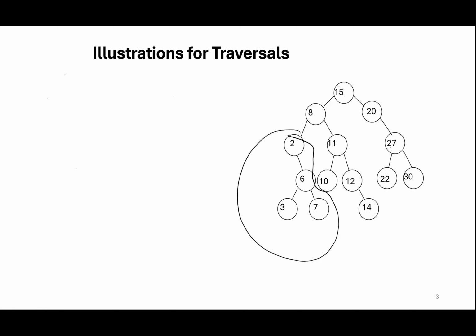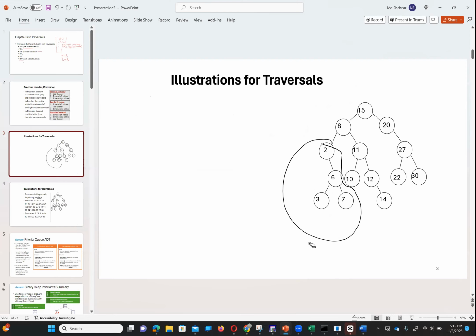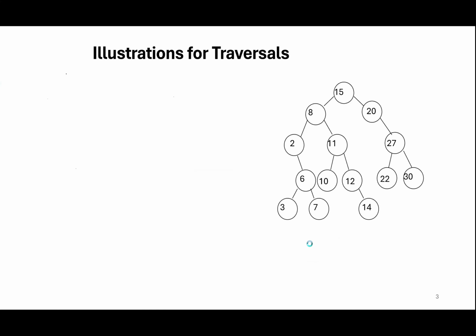Okay, so let's look at one example. Let's look at this tree and try to do a pre-order visiting. Pre-order DFS. You are already familiar with it because the DFS that we learned was actually pre-order. So we do visit first, then left, and then right.